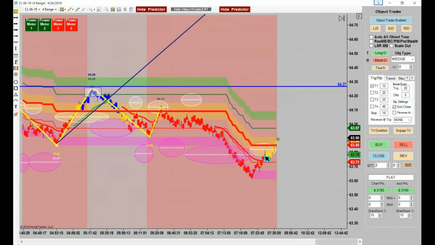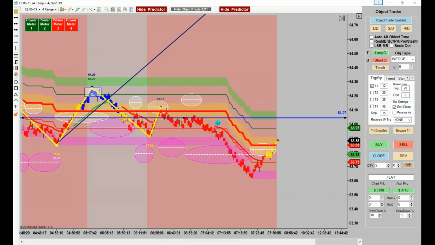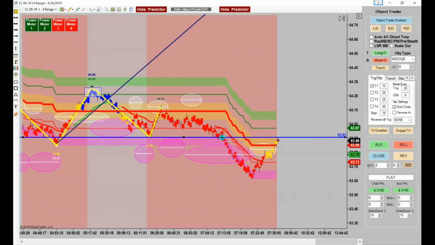Now, let me ask a quick question on this. If you're a little bit more of a gutsy trader, could you have boxed this in, especially when it took out this resistance on the left and this resistance here on the left? See those lightning threes? Could you actually box this in right here and see if you could get a long trade? What do you think? You want to try it?